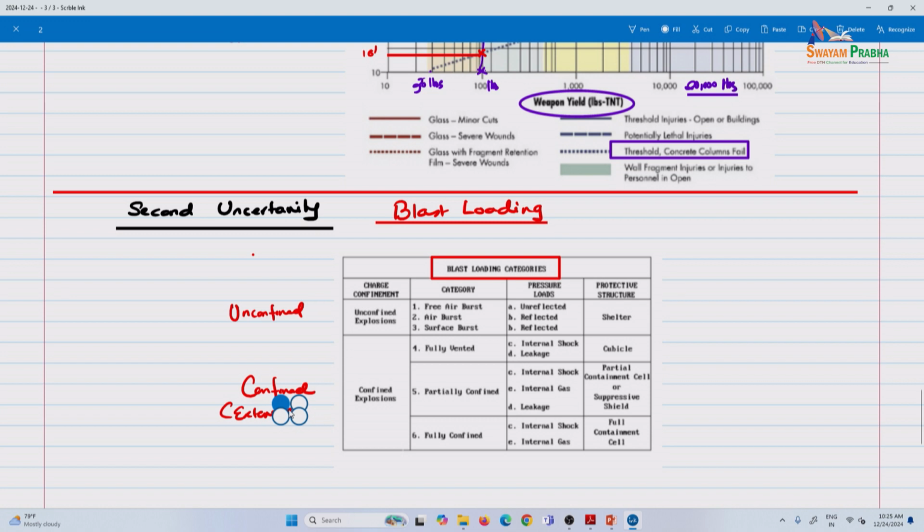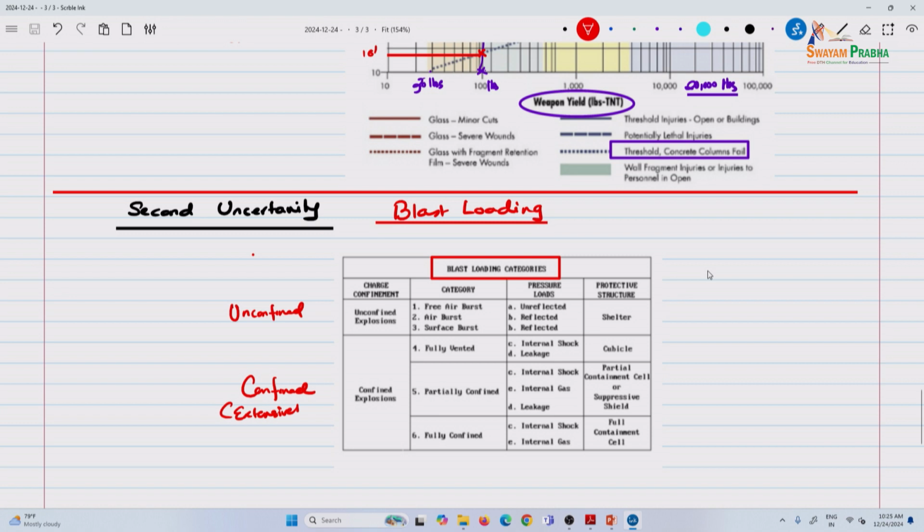But in this course, we will look at free air burst, and then air burst and surface burst.